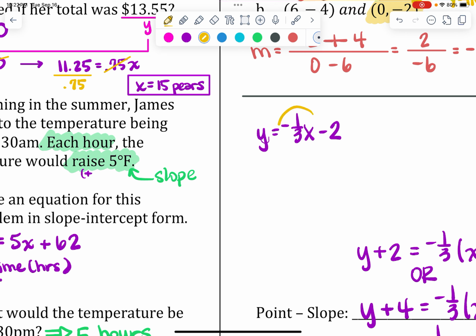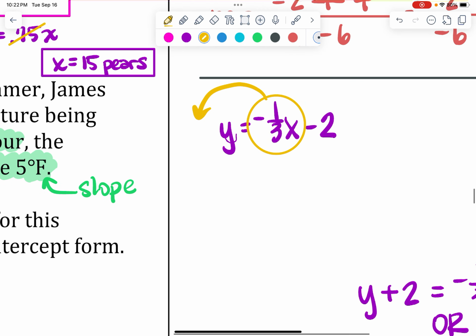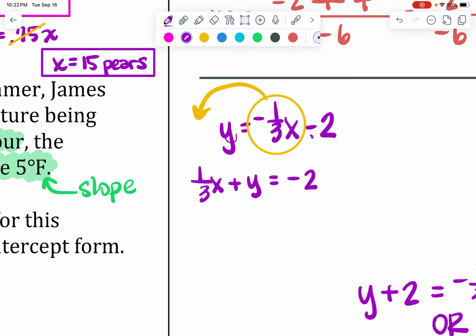I need to get my x term to the other side. But he's a -1/3 x. So when I move him over here, he changes sign and becomes positive. And then I'm going to bring down my plus y and my -2. Don't forget that he's a -2. Don't forget to bring that minus sign down.